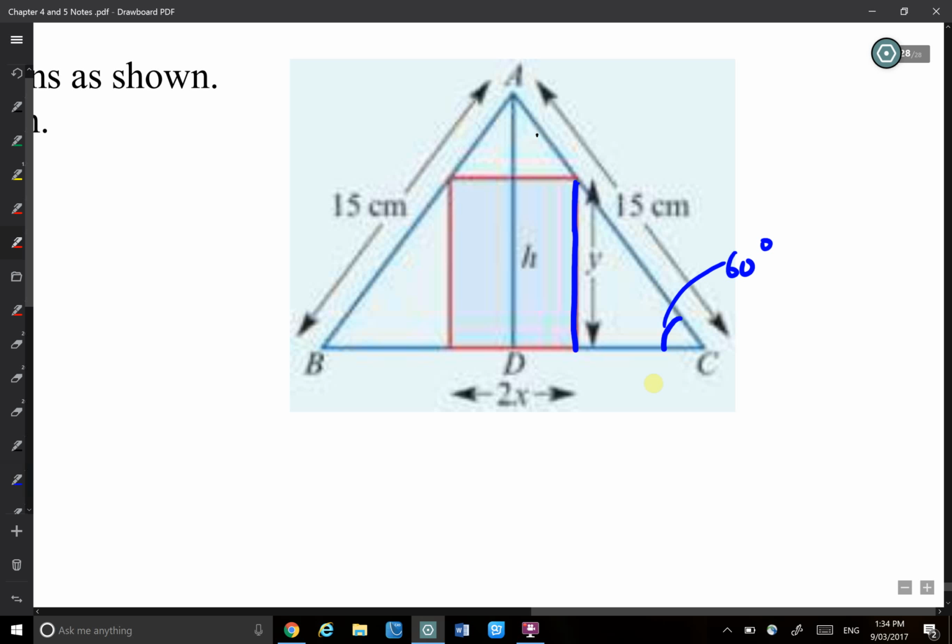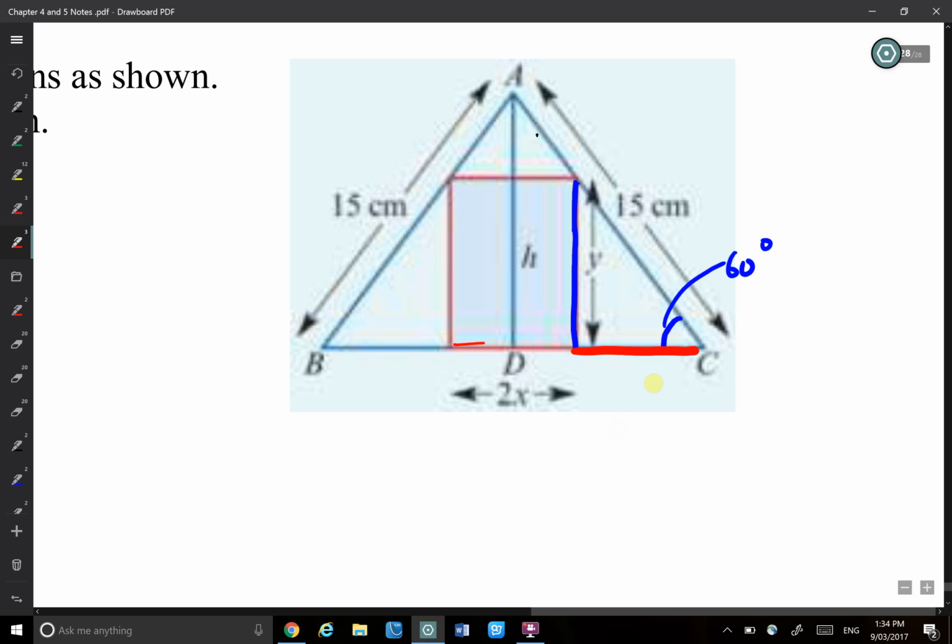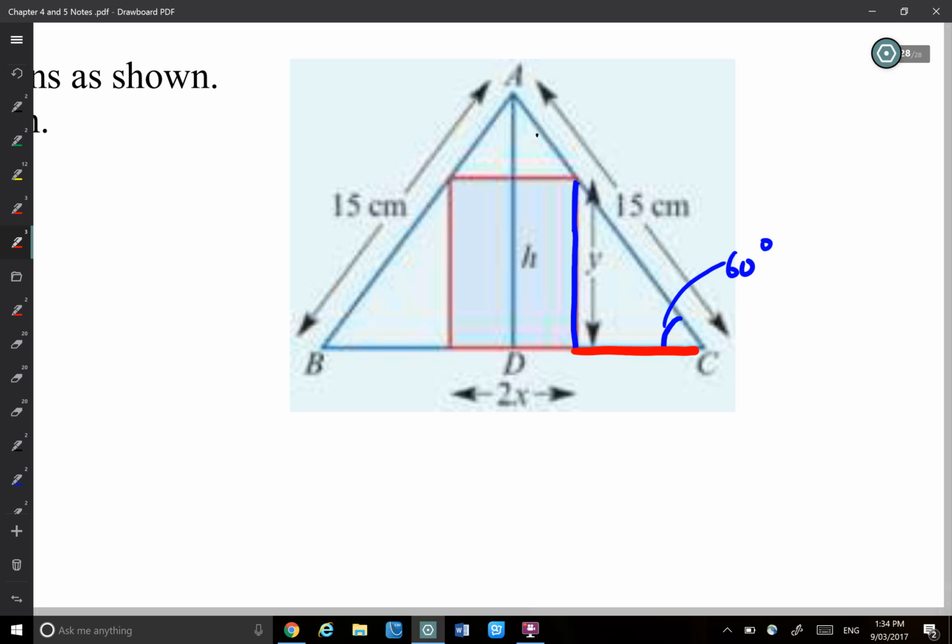What's the length of this red part? Don't think about it in terms of x yet. Think about it, it's an equilateral triangle, and the base is 15.